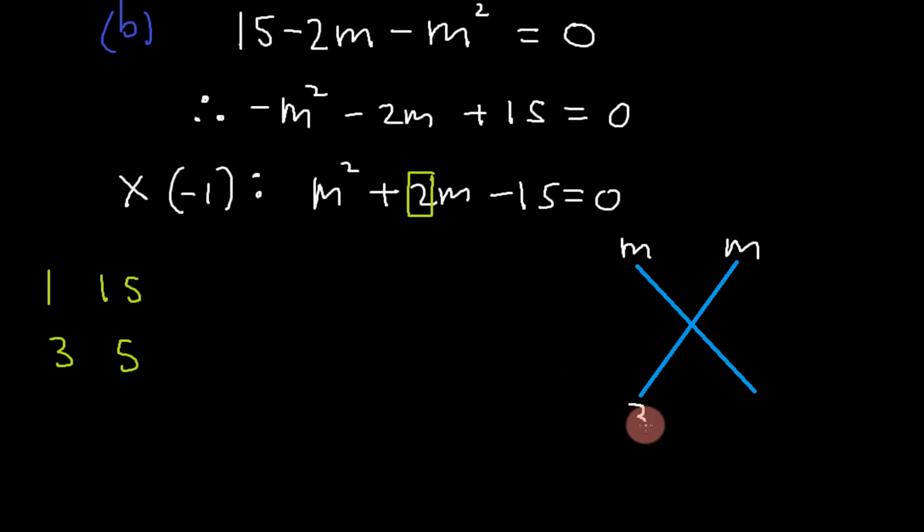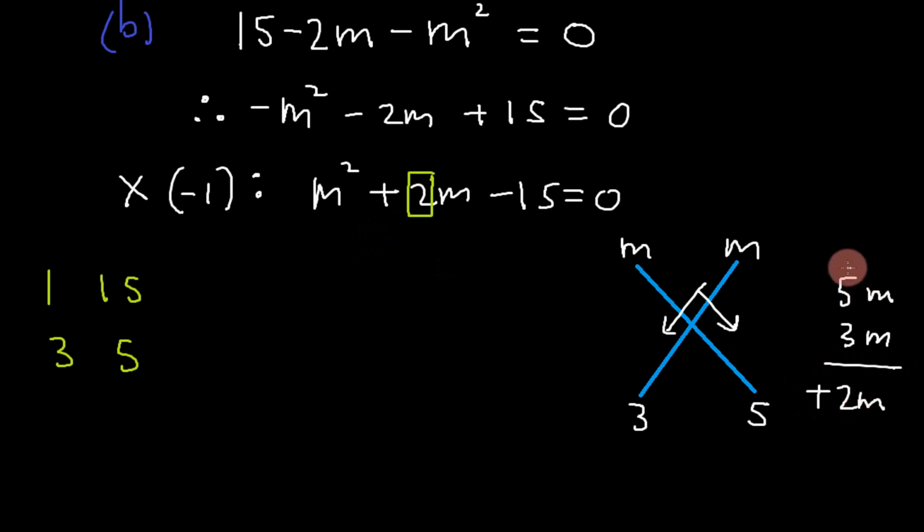So these go at the bottom of the cross. We cross multiply, so we get 5m and 3m. The middle term must be positive 2m. So the 5m must be positive, the bigger number, and the 3m must be negative. 5m we got by saying m times 5, so we need a plus here.